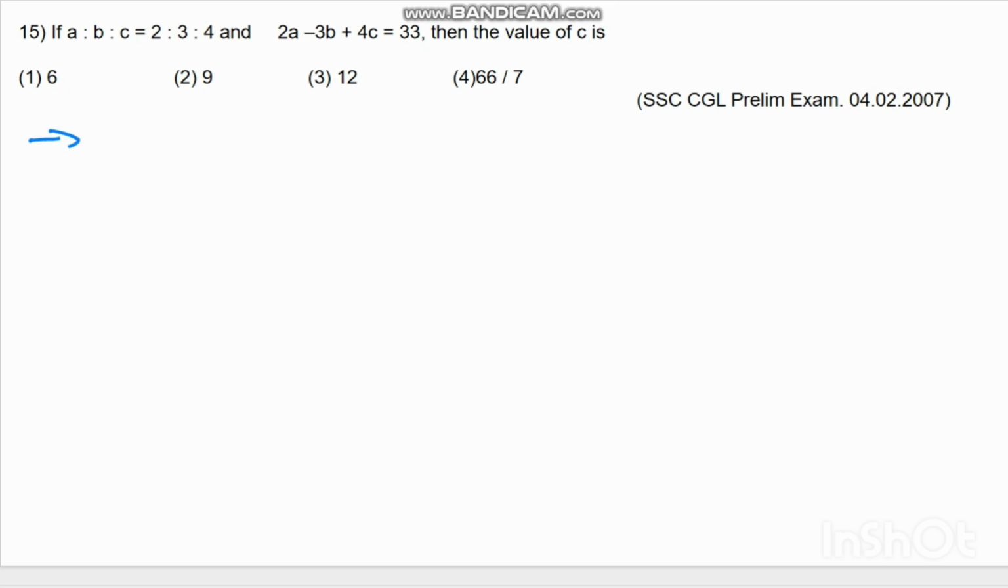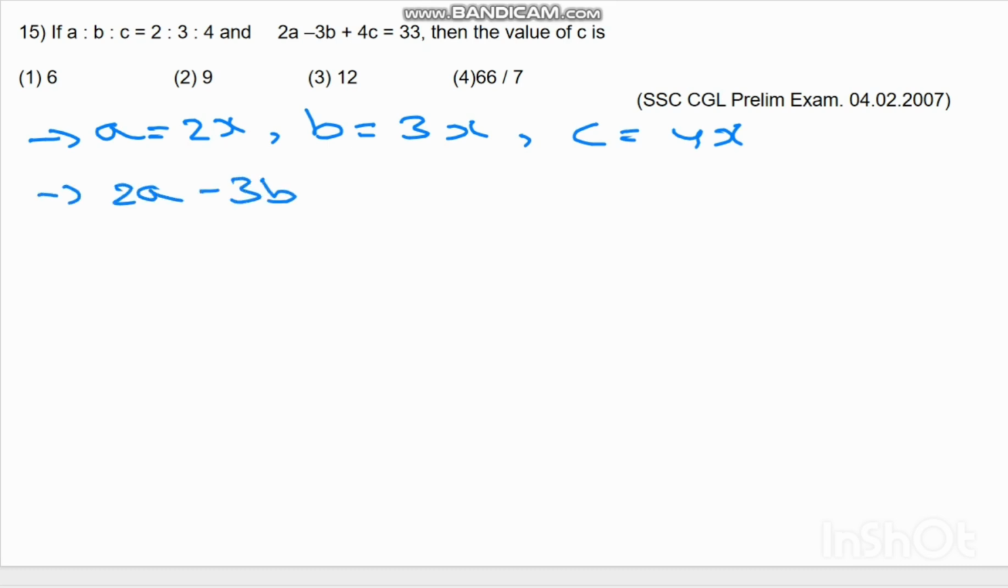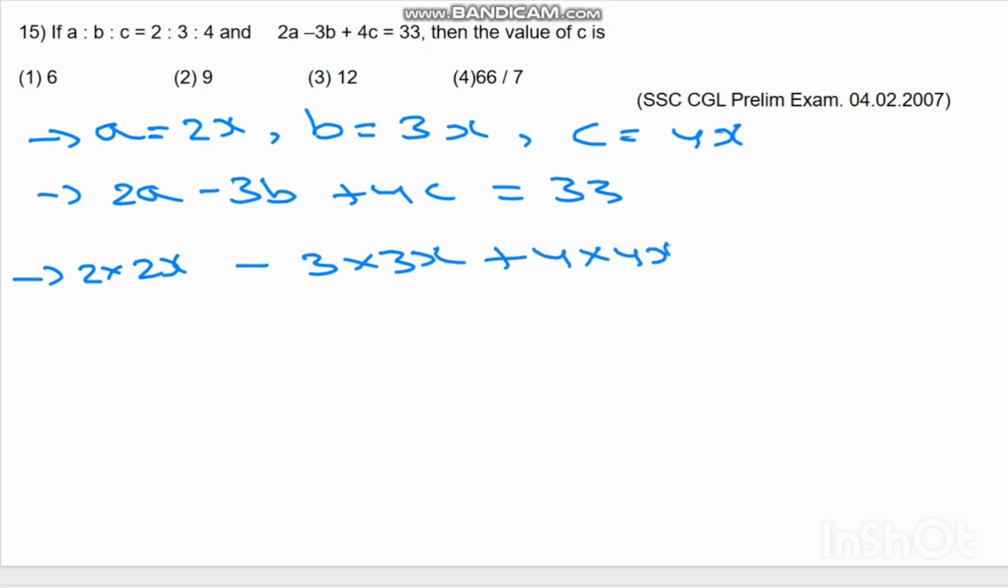Again same kind of question was asked. Here given that A equal to 2x, B equal to 3x, C equal to 4x and given 2a minus 3b plus 4c equal to 33. 2 into 2x minus 3 into 3x plus 4 into 4x equal to 33.